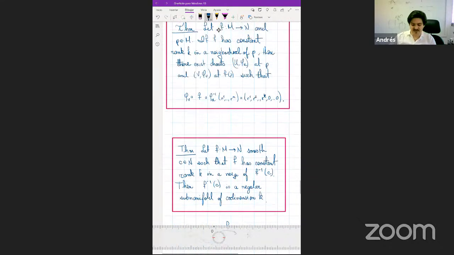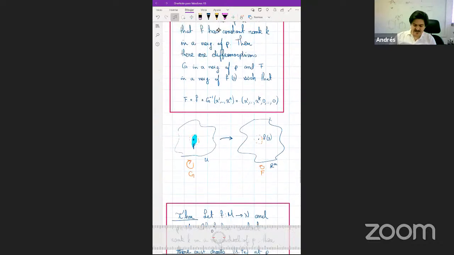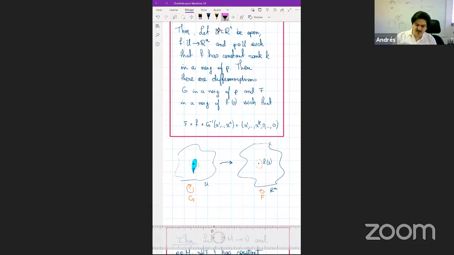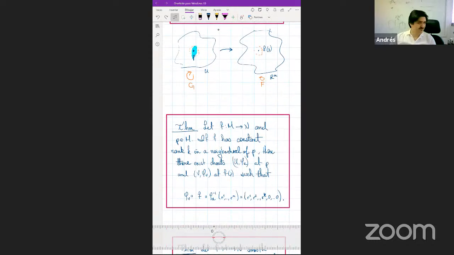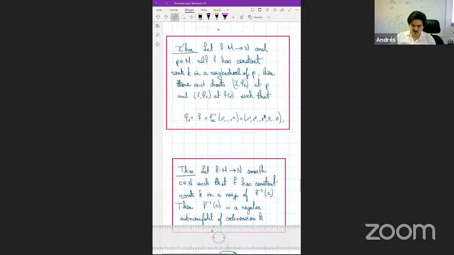So next time, we will prove this, the Euclidean case, and that gives rise to this result. It is the same one but on manifolds, and we will prove this.